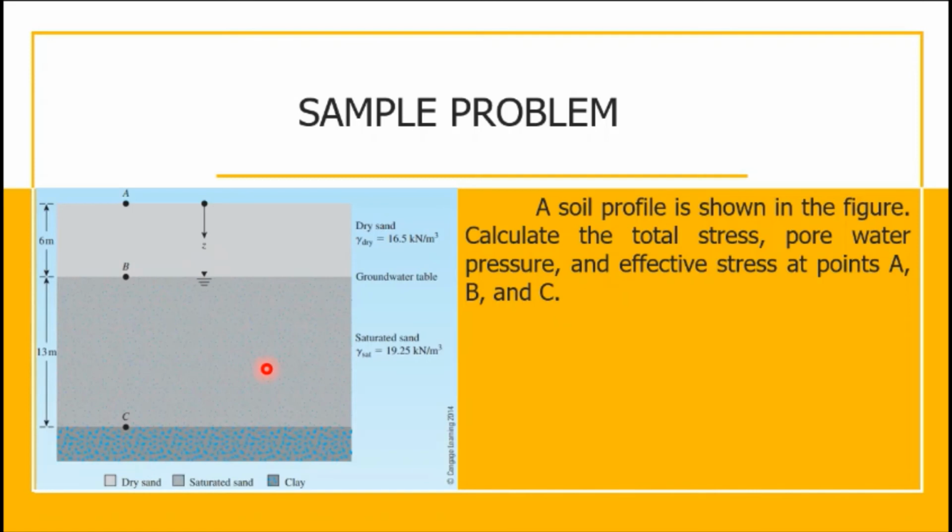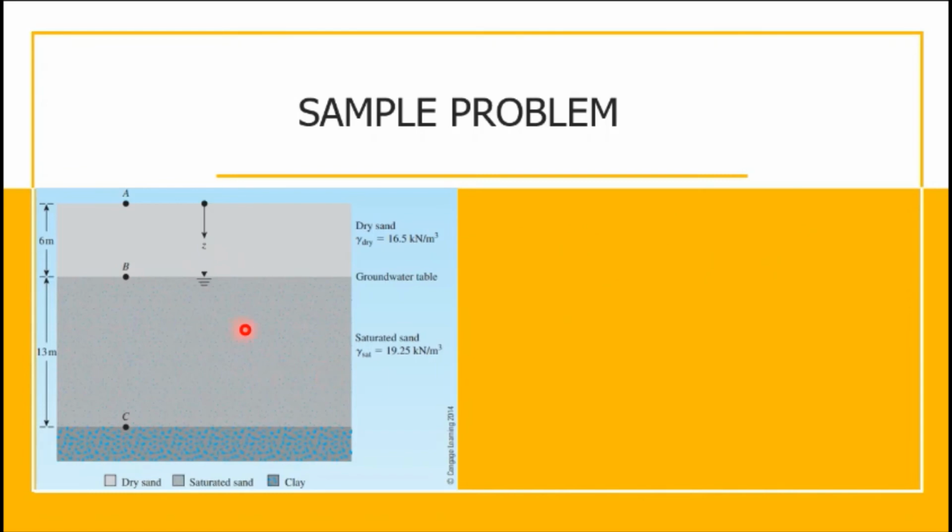So let us first solve the stresses at point A. If we're going to analyze point A, walang lupa sa taas ng point A. Definitely, dahil wala namang lupa at walang tubig sa taas ng point A, total stress will be equal to 0.